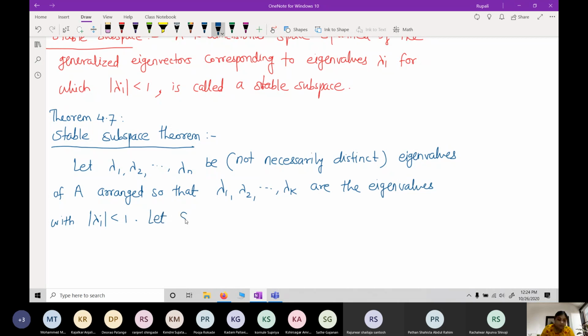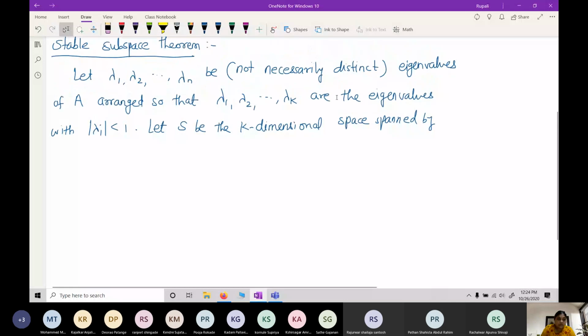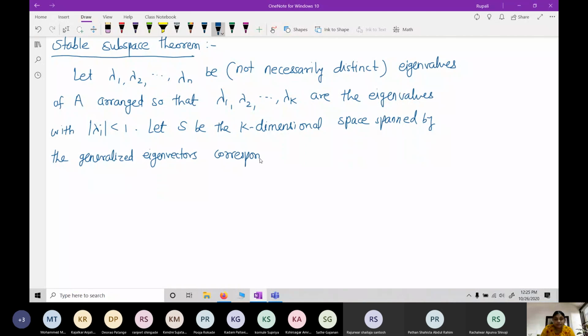Let S be the k-dimensional space spanned by the generalized eigenvectors corresponding to lambda 1, lambda 2, up to lambda k.